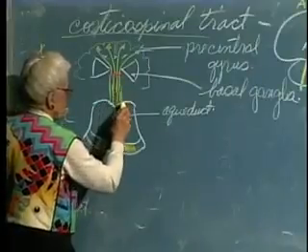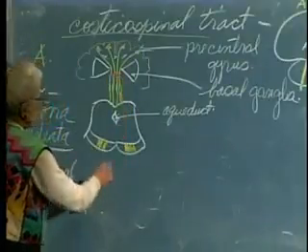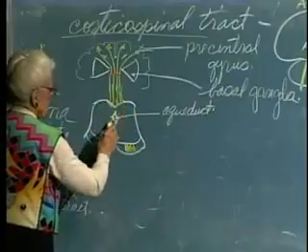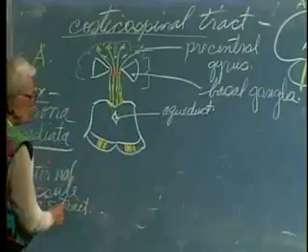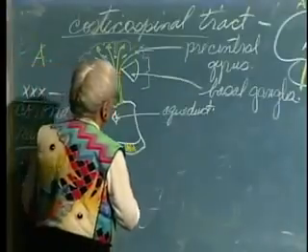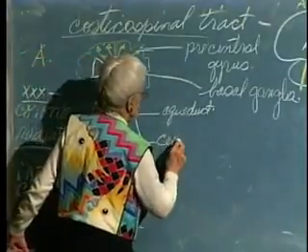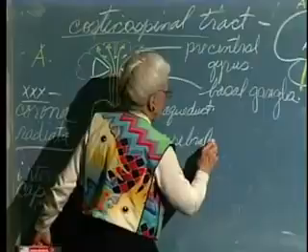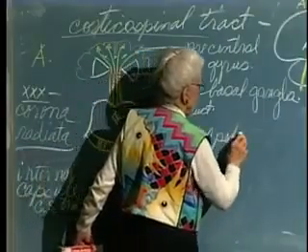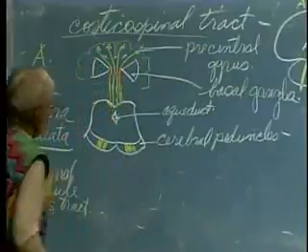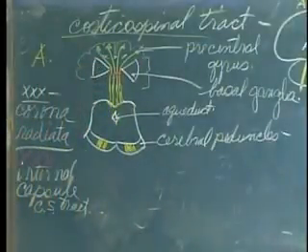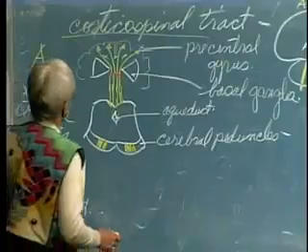I just have to do it this way because I don't have the dimensions, but you realize this is a continuation down. And we pick them up here in the cerebral peduncles. And our next area will give the upper medulla. This was midbrain.